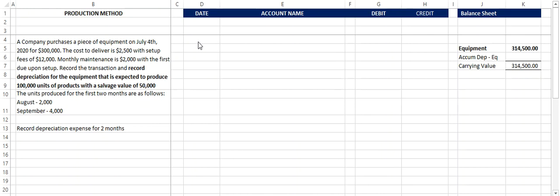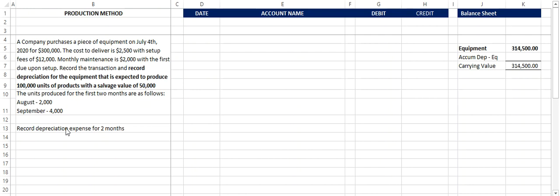Similar to the double declining method, the amount that's recorded as depreciation expense each month differs. But the difference is that it differs based on how many units the asset was able to produce in comparison to how much is expected to produce in its lifetime.